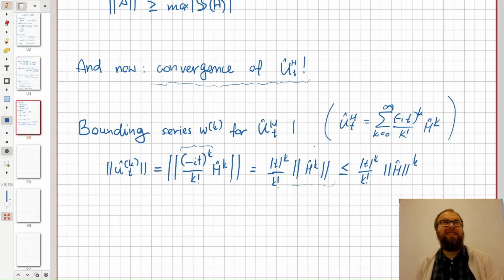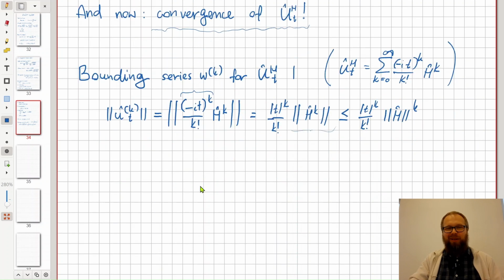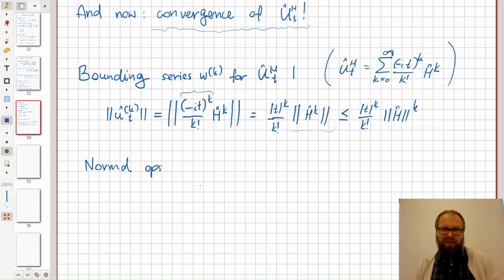However, yesterday I learned that for normal operators, it's actually equality. Normal operators: an operator is normal when it commutes with its own Hermitian conjugate.